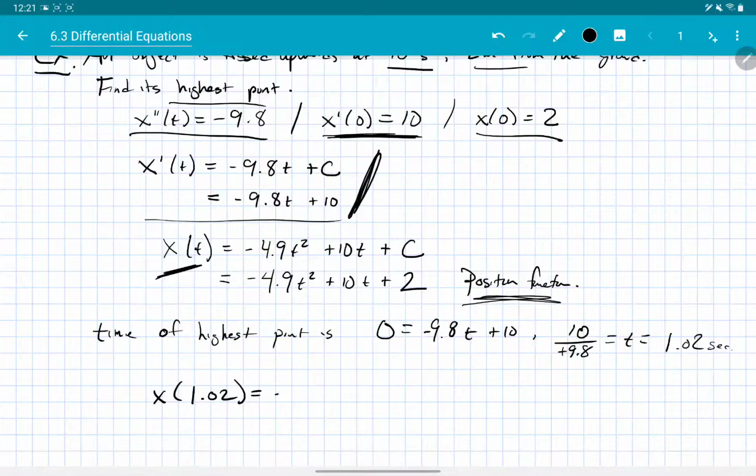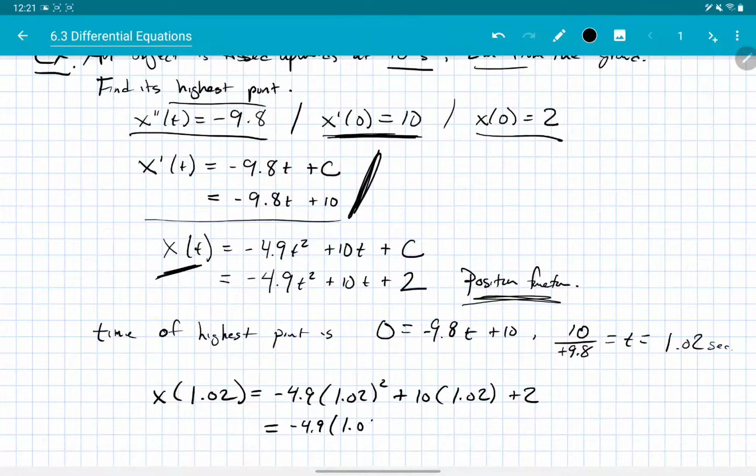So we plug that in. That's negative 4.9 times 1.02 squared plus 10 times 1.02 plus 2. What do we get for that? Okay, 1.02 squared is 1.04 about. This is 10.2. This is 2.